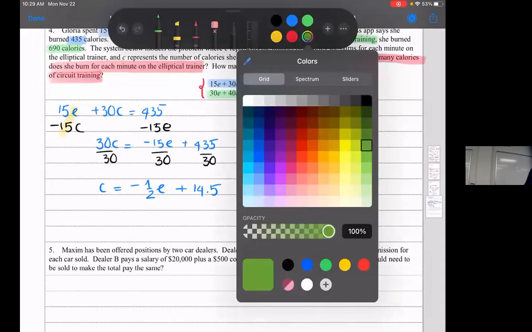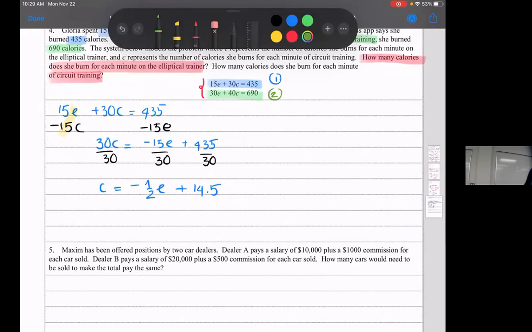So number 2, I got 30E plus 40 instead of C, it's going to be the blue block: negative half E plus 14.5. Oh, darn.